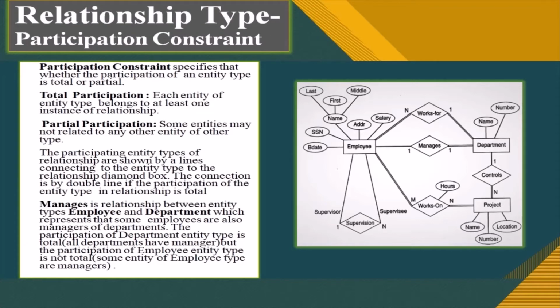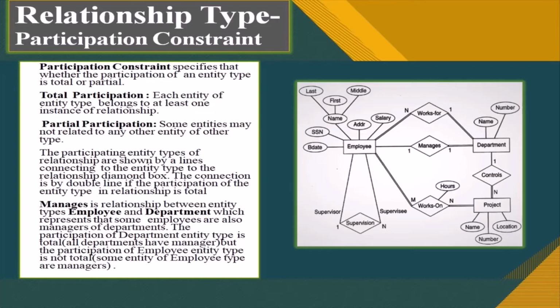Next is the participation constraint. The participation constraint specifies whether the participation of an entity type is total or partial. Total participation: each entity of the entity type belongs to at least one instance of the relationship, and total participation is represented by a solid line or double line.